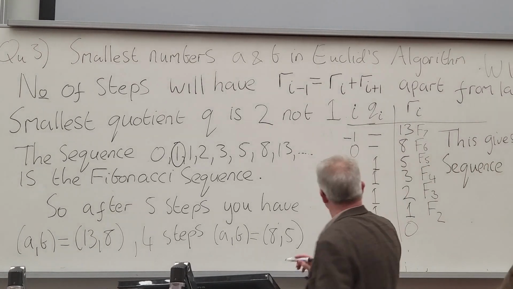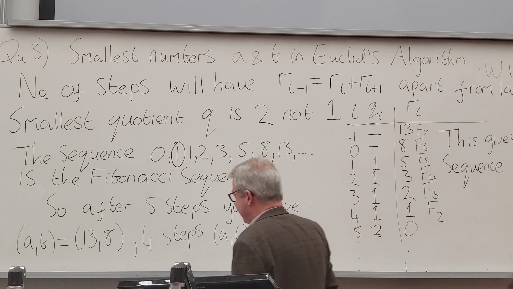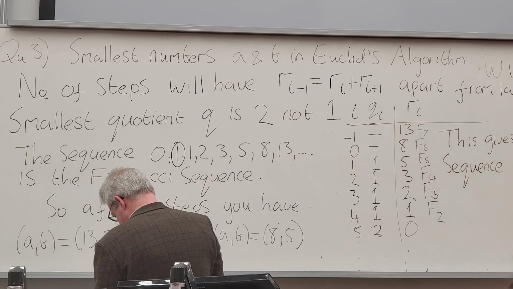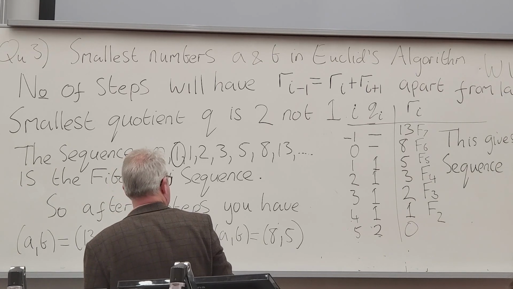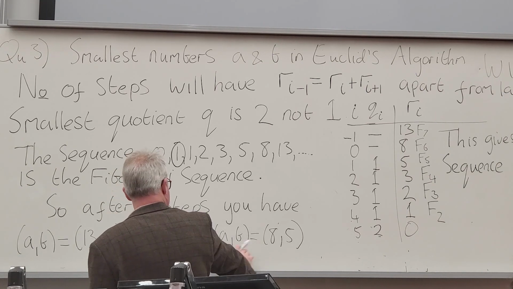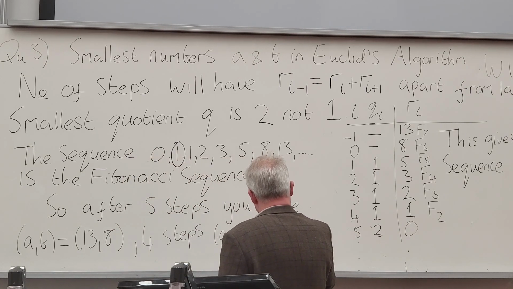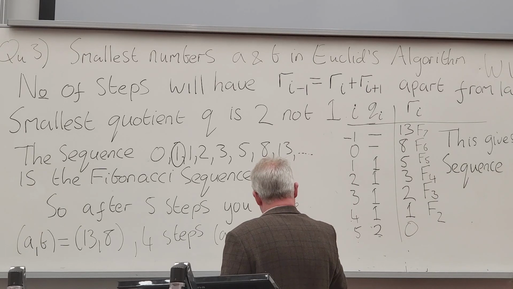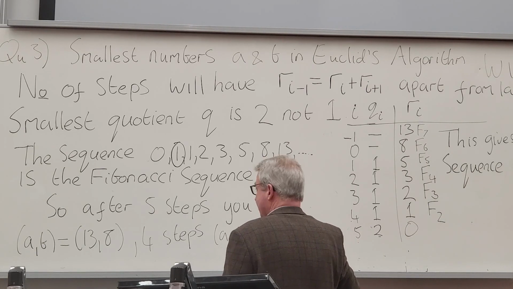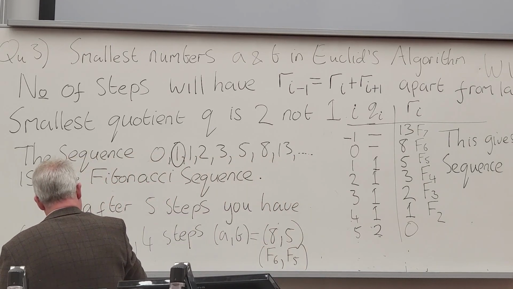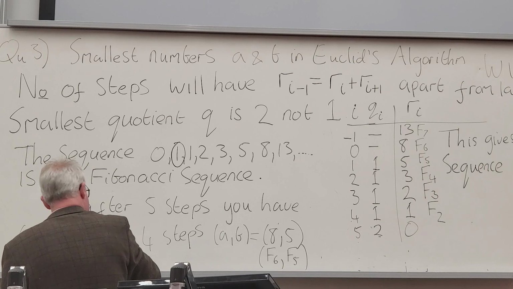So let's put the Fn numbers in. So you get F7. So 8 and 5 is F6. F6, F5, 13 and 8, F7, F6.